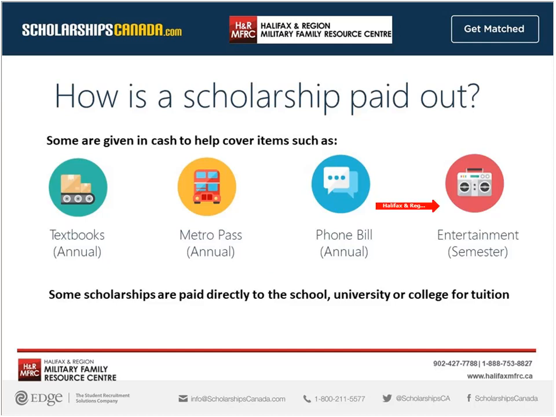It covers a lot, but there's even scholarships out there that are indicating that they're for entertainment purposes. Really? And some scholarships are paid directly to the school? Exactly. So they would go straight towards tuition costs. The student would never get the physical money in their hands, but again, it's an expense out of their lives. Wow, wonderful. Thank you so much.